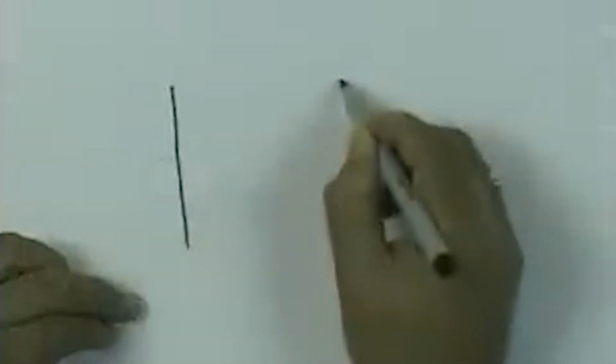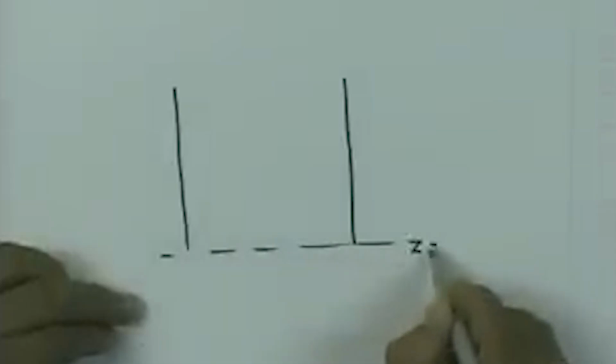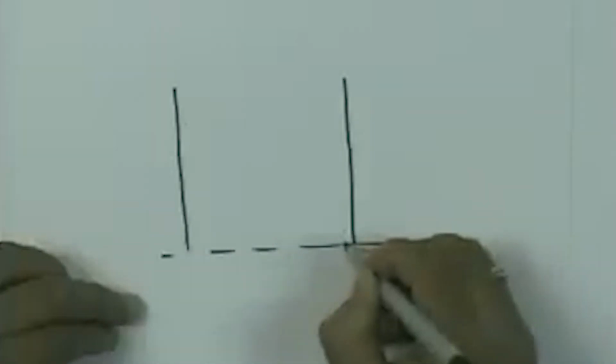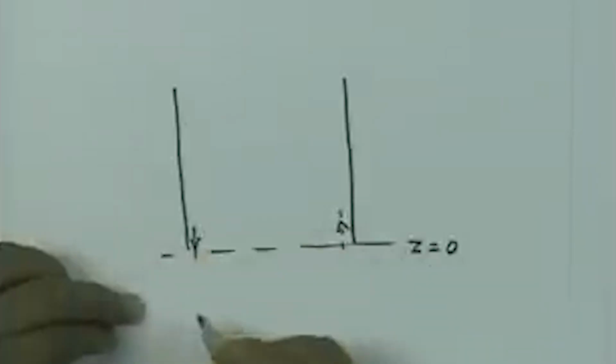So, if I see from the top, I see situation like this for the parallel plane waveguide. So, if I am seeing from the top like that, the magnetic field, this is z equal to 0. The magnetic fields are like that here.